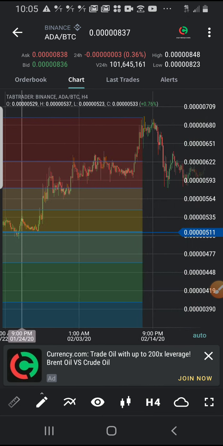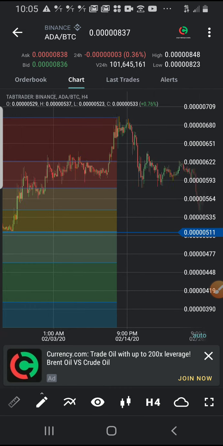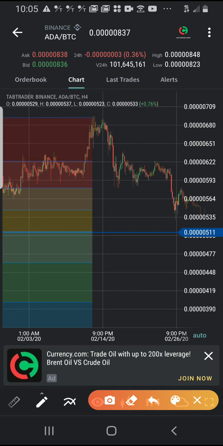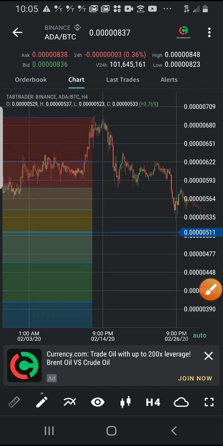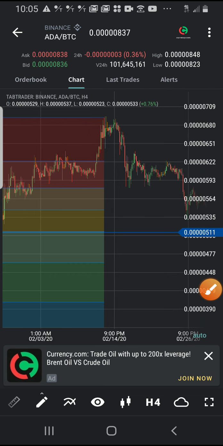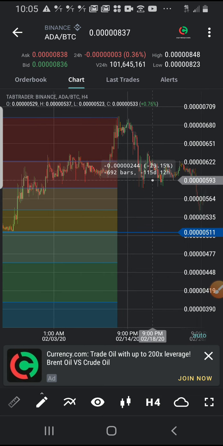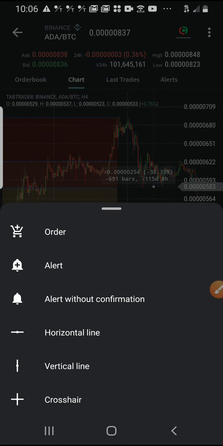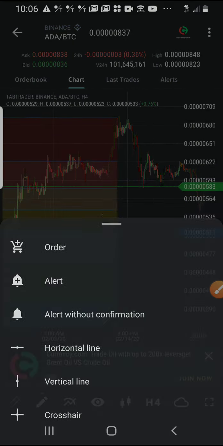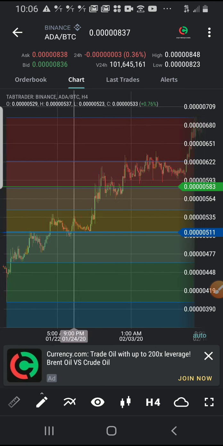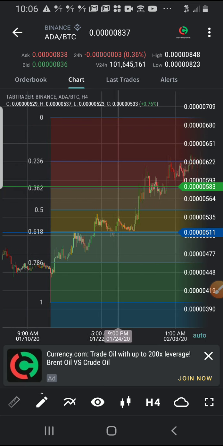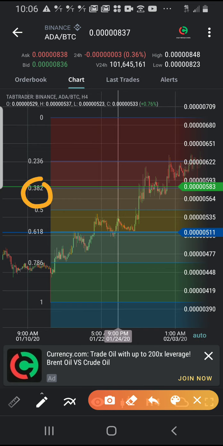Now, when we finally got to this highest level and we started coming down, we touched this place. This is a support level, and when we trace this line back, this horizontal green line, we will see that this number here is now acting as a support first.